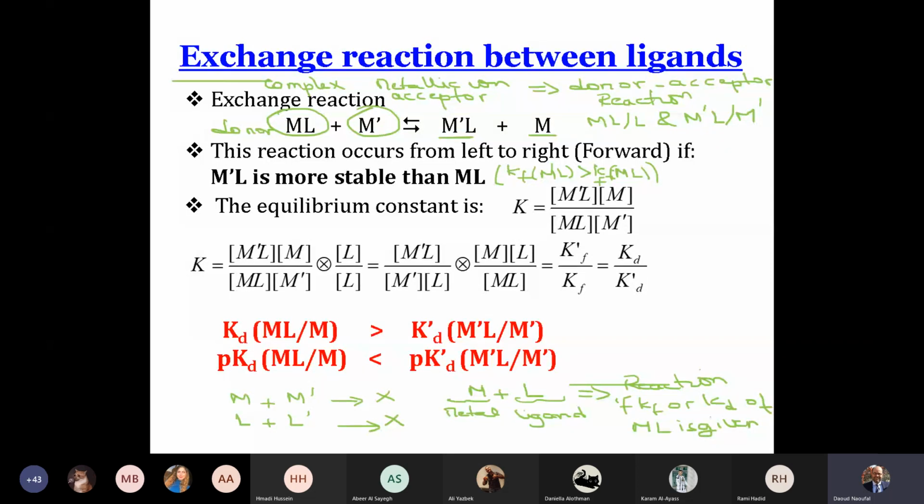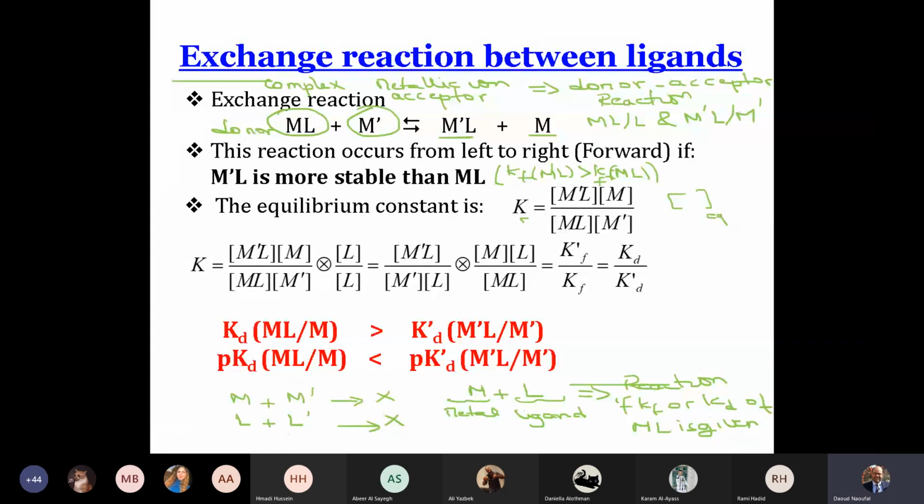So what is the equilibrium constant for this reaction? K of the reaction. Why should I calculate K? In order to know if this reaction is limited or advanced or complete or quantitative. So K of the reaction is equal to the concentrations of the products over the reactants: M prime L times M, divided by ML and M prime, and pay attention, the concentrations are at equilibrium.